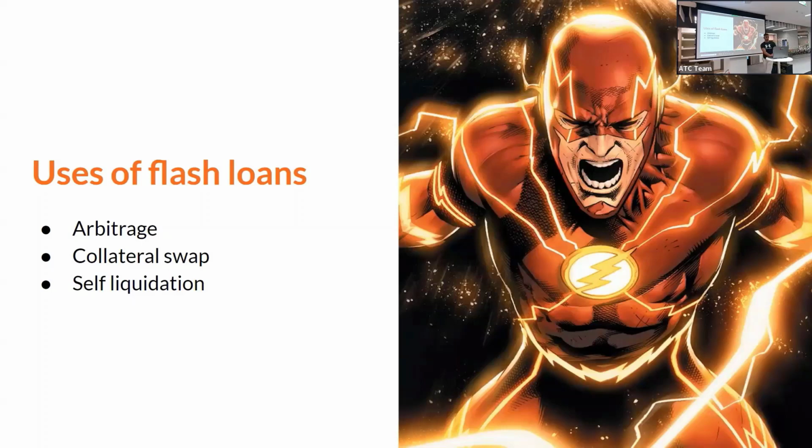Another two examples are collateral swap and self-liquidation. I'm not going to go too deeply into them because it's quite finance and economics heavy, and I will not be able to explain it properly. But collateral swap, in essence, is let's say you had a coin, Bitcoin, for example, put up as collateral for a loan, right?